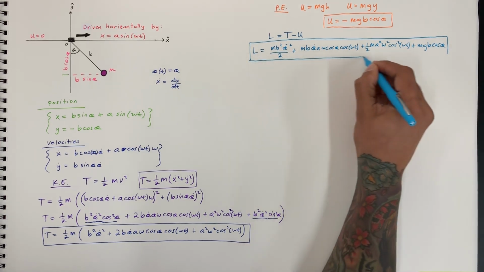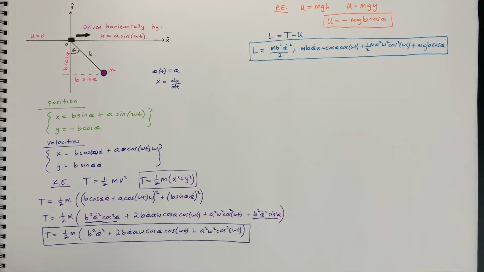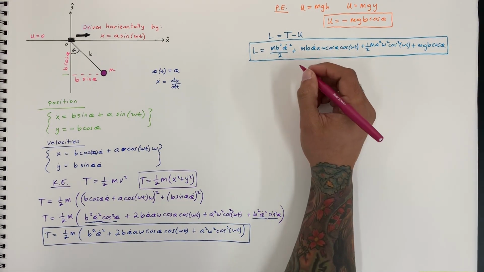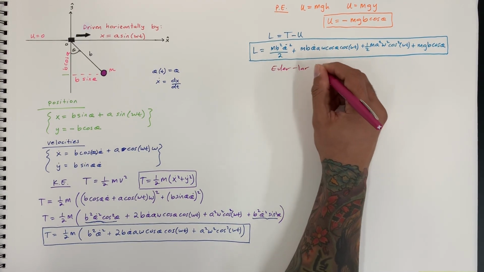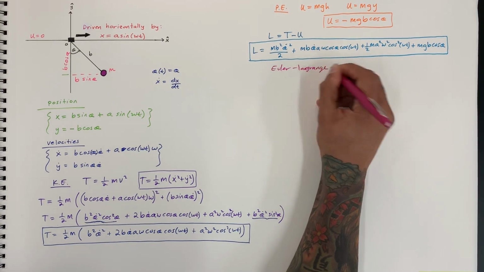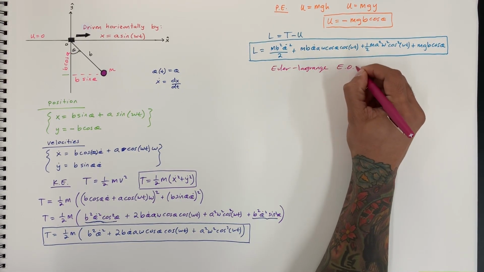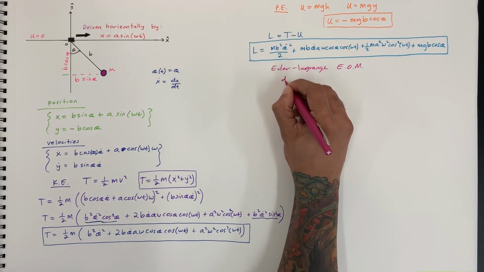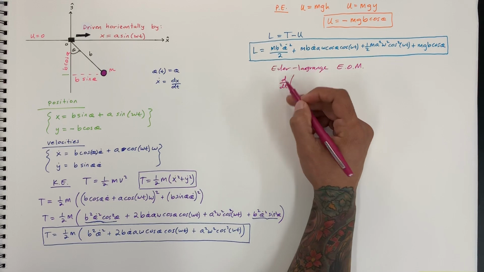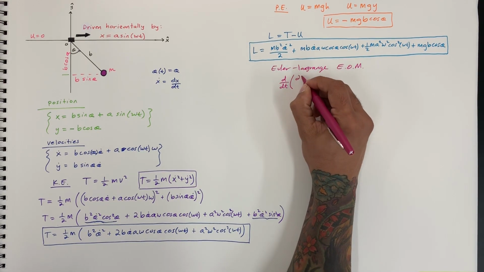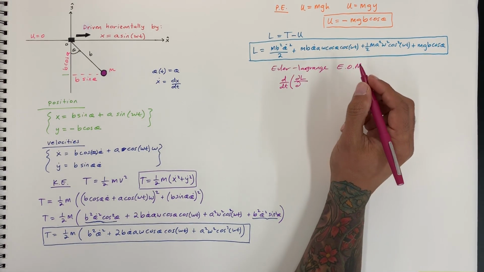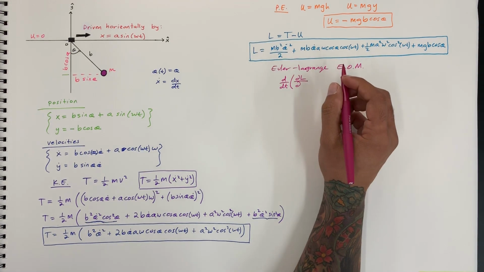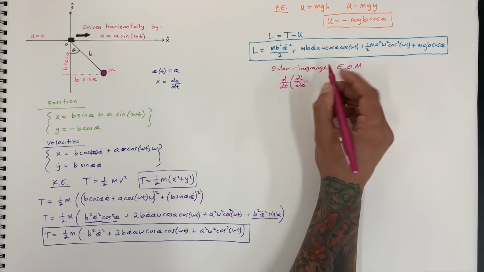All right, and now using our Lagrangian, we need to find the Euler Lagrange equations of motion. So Euler Lagrange equations of motion is d dt, so the derivative with respect to time of the partial derivative of the Lagrangian, partial derivative with respect to what function we need, which is theta dot.